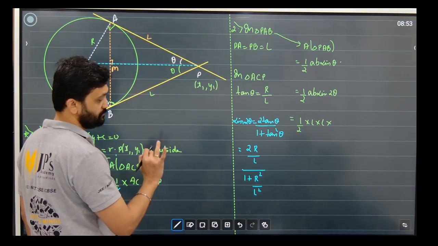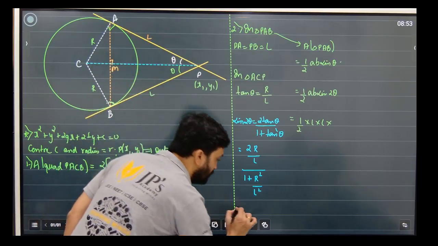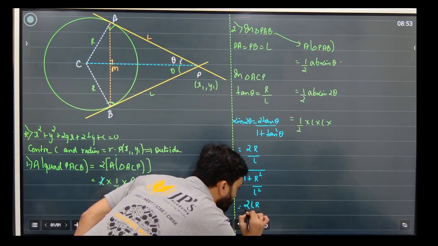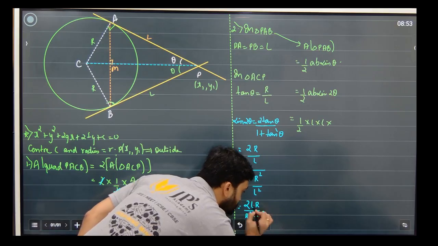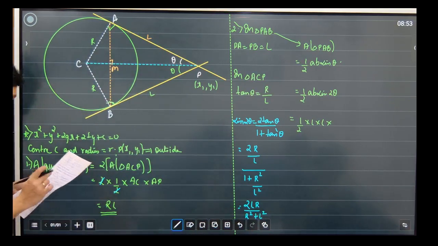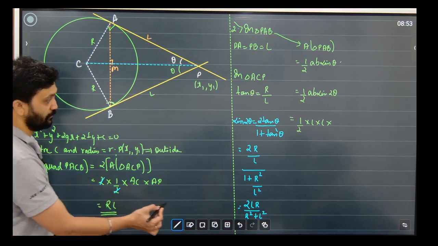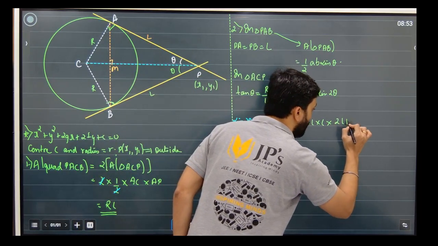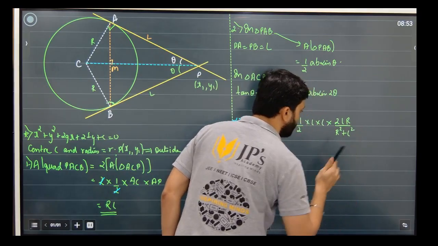And if I substitute this, this will become 2LR upon R square plus L square. This is the formula for sin 2 theta.